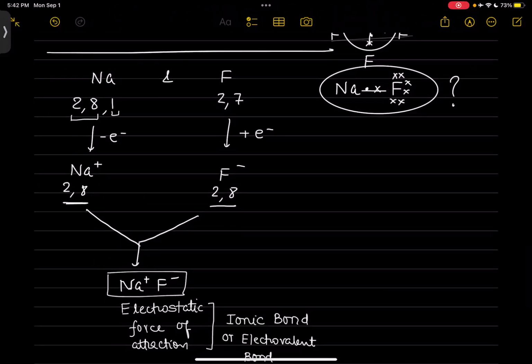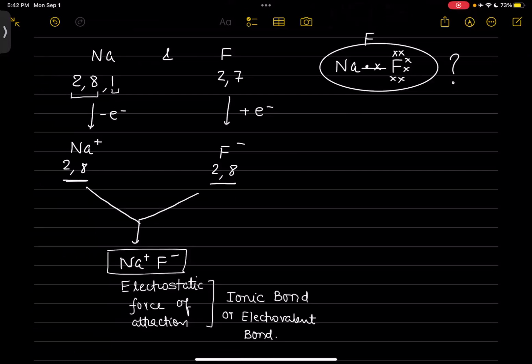And suppose there is a metal and a non-metal, then the metal will completely transfer the electron and form a cation, and the non-metal completely accepts those electrons and forms an anion. They will be combined with the help of ionic bond or electrovalent bond. Is it clear?